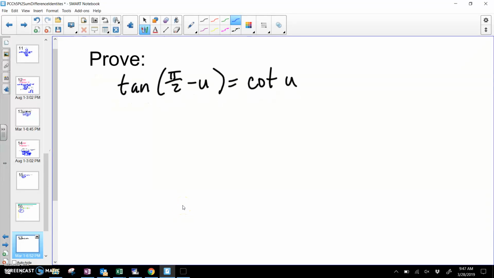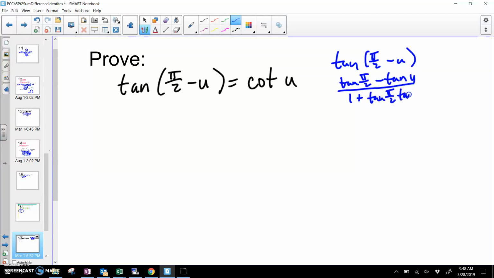But now we can see that we can use this to prove it. I tried to do this using tangents. Okay, so we said that there's two different ways. So if I take that left-hand side, tangent of pi over 2 minus u, I need it to be cotangent. I would do tan pi over 2 minus tan u over 1 plus tangent pi over 2 tangent of u.